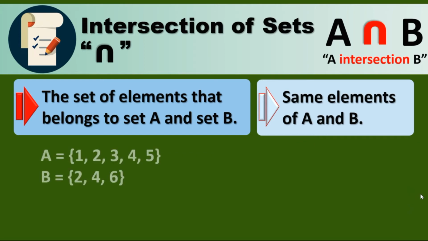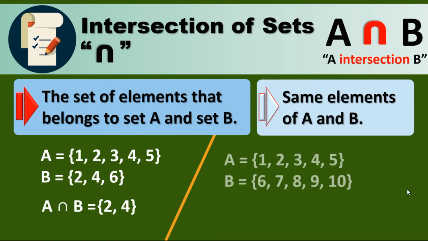Another example. If A is the set that contains 1, 2, 3, 4, and 5, and B contains 2, 4, and 6, what is the intersection of A and B? Same elements. The first element is 2 and the other one is 4. So therefore, A intersection B is the set that contains 2 and 4.